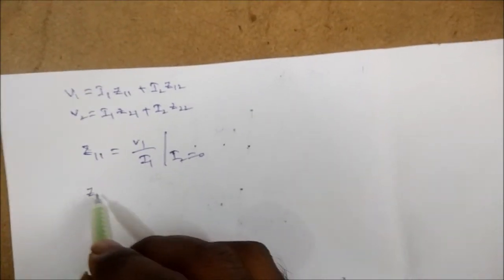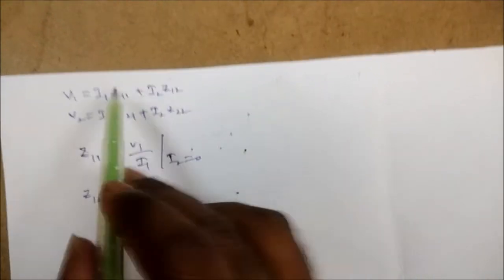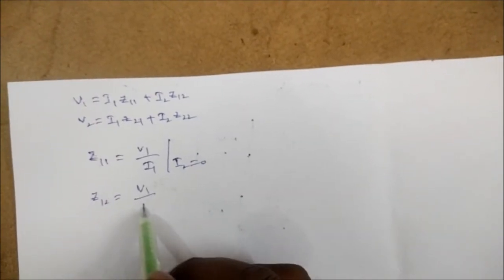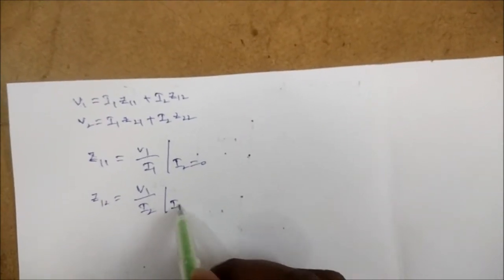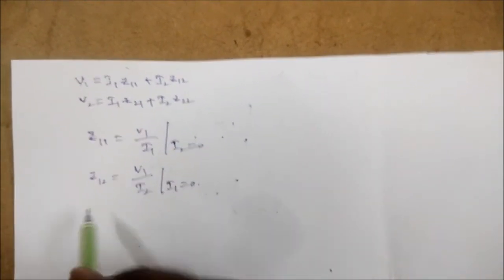And similarly, Z12, we are writing this Z12. Then this term should be 0. So Z12 is equal to V1 by I2 at I1 equal to 0.